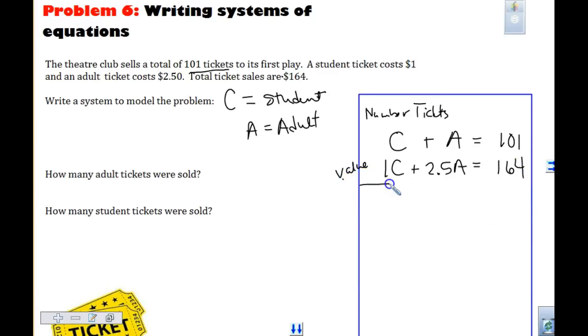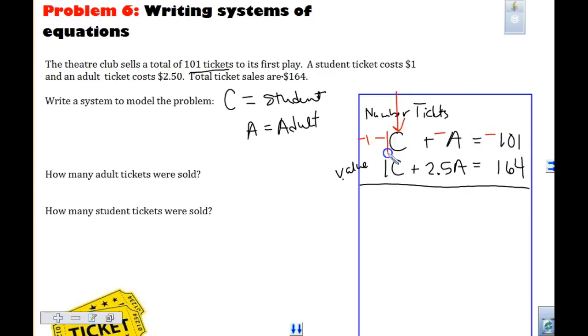And I think if you look, this is one that would be set up perfectly to do what? Finally, some of you that love elimination, this one, and I would probably eliminate C. I'd probably do that by multiplying everything here by -1. So negative C, negative A, negative 101.